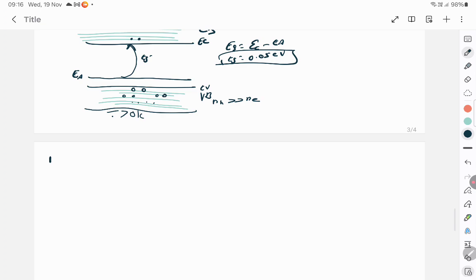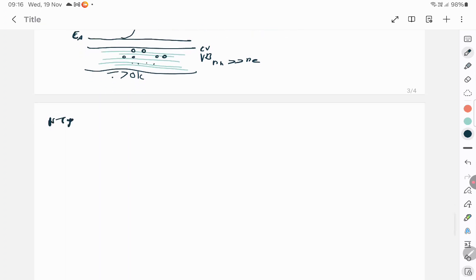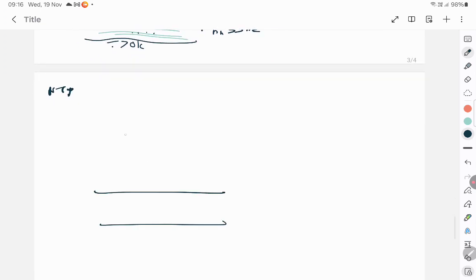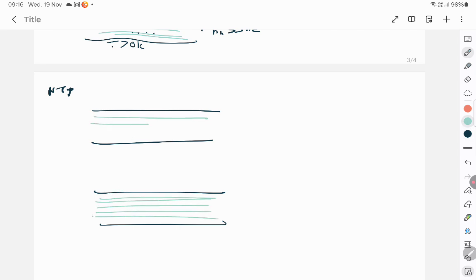So now let's talk about N-type semiconductor. You draw the valence band and you draw the conduction band, and you draw the energy levels in this. N-type semiconductor has a donor impurity, which is able to donate an electron, correct?